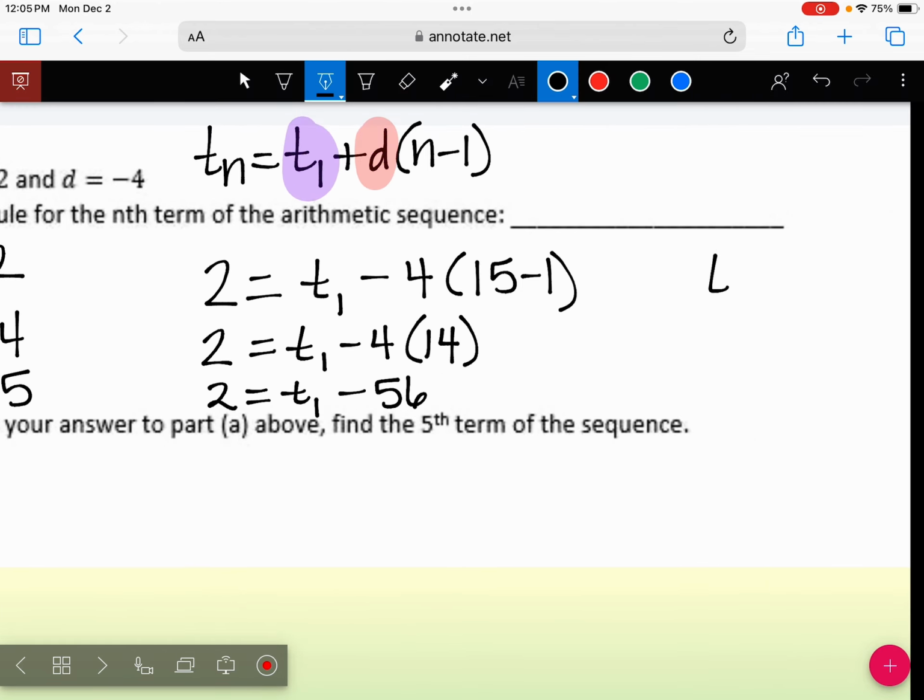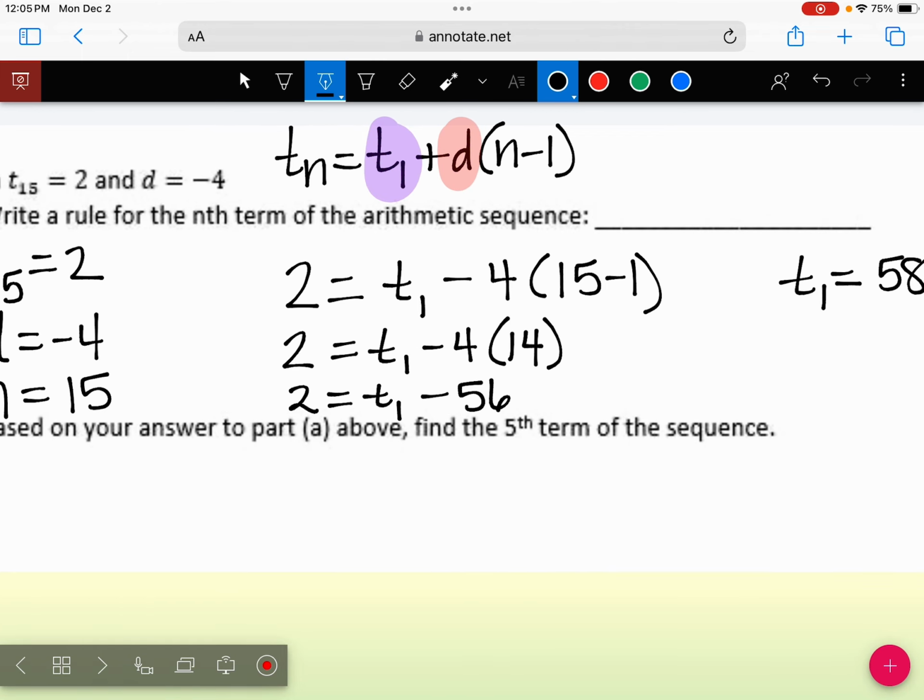Add 56. So T1 is 58. Why was n 15? Because that 2, do you see how it has that little 15? That's n. That means the 15th number is 2.